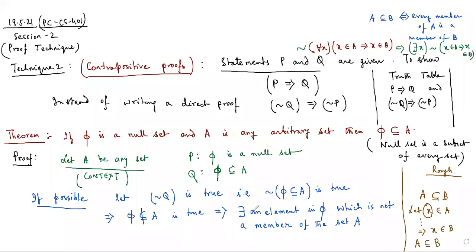But you see, when I say that there exists an element in phi which is not a member of the set A, let us call this argument R. We see that R is an invalid argument, as phi by definition contains no element.